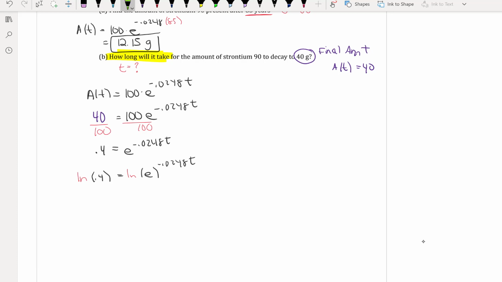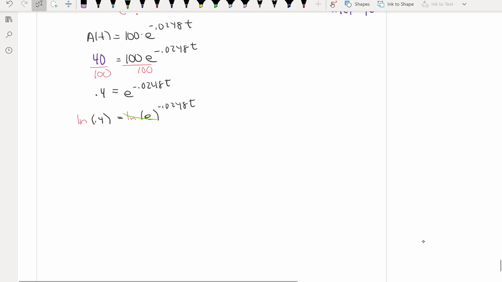And because that happens, the ln and e, remember, they are inverses of each other, so they cancel each other out. So I'm left with an ln of 0.4 is equal to a negative 0.0248 t.